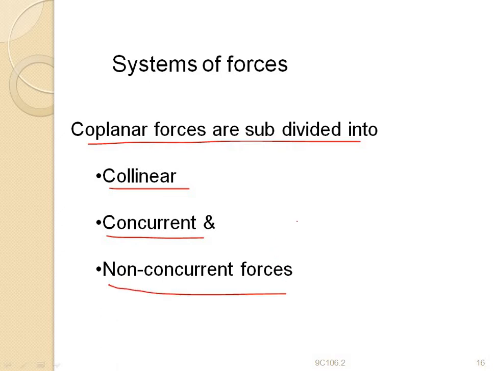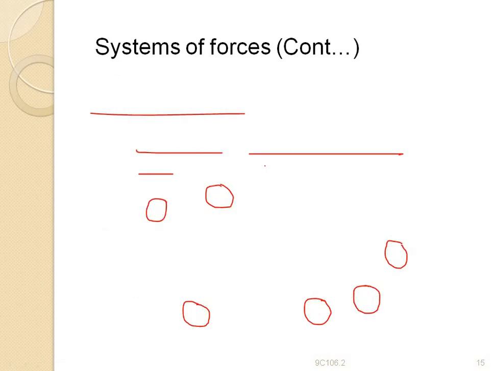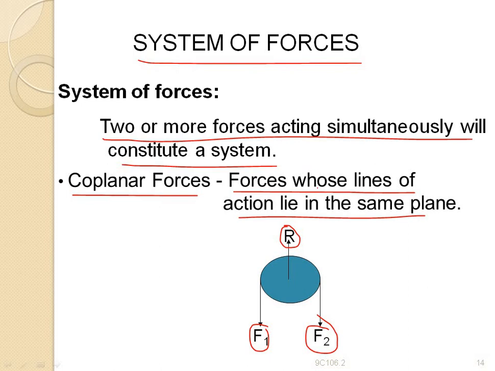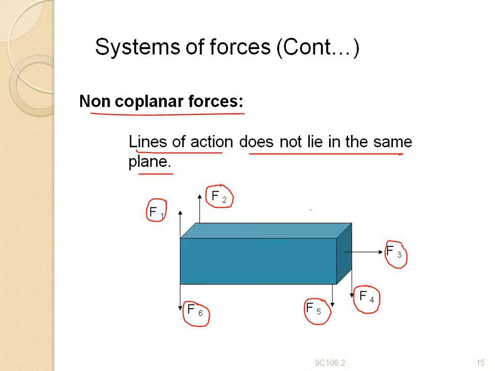So now here in the system of forces, the coplanar forces are subdivided into collinear, concurrent and non-concurrent forces. As we discussed, coplanar forces lie in the same plane, but non-coplanar forces do not lie in the same plane.